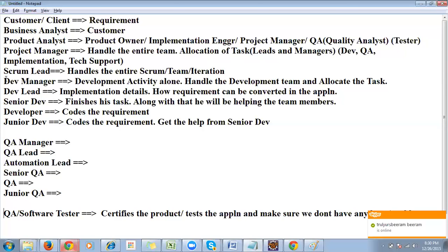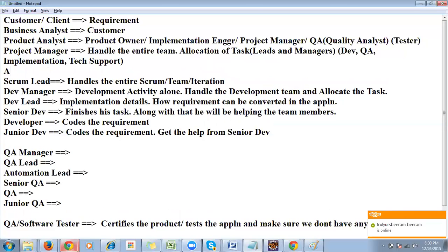Okay, along with this development level, there is one more person here who is called the architect. What does this architect mean? This guy is the one who will design the project, design the product.